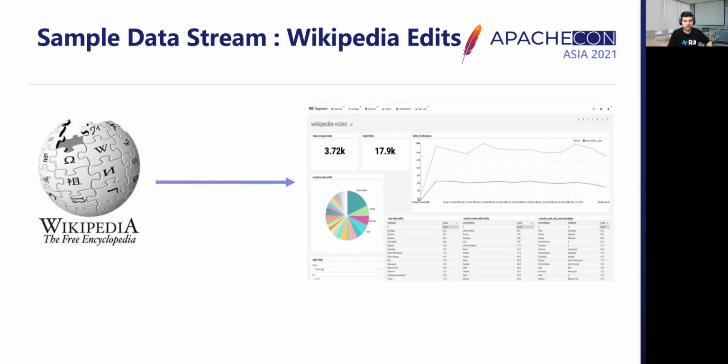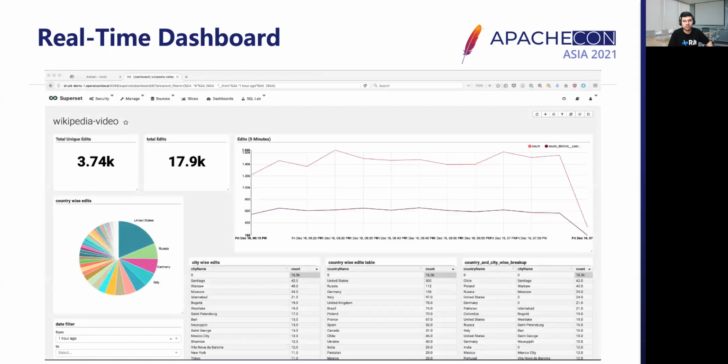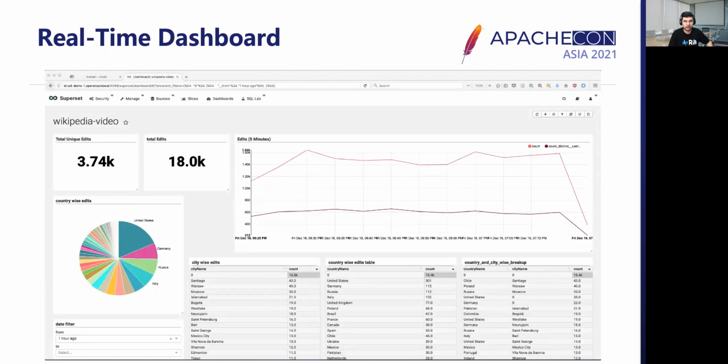Our goal is to build an aggregated dashboard providing a summary of Wikipedia edits, as shown in this picture. Let's take a closer look at the dashboard in detail. This sample dashboard provides a simple aggregated view over our Wikipedia edit stream. The information on the dashboard is updated in real time.